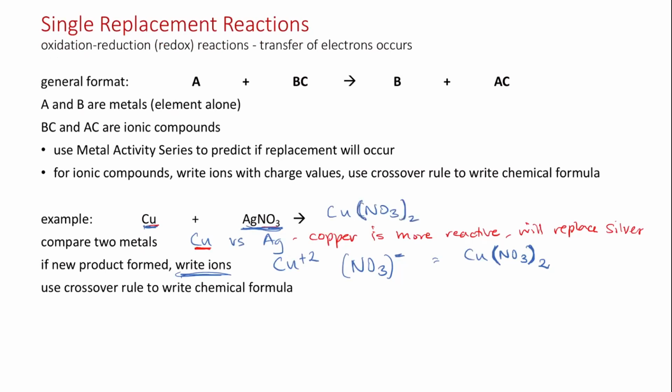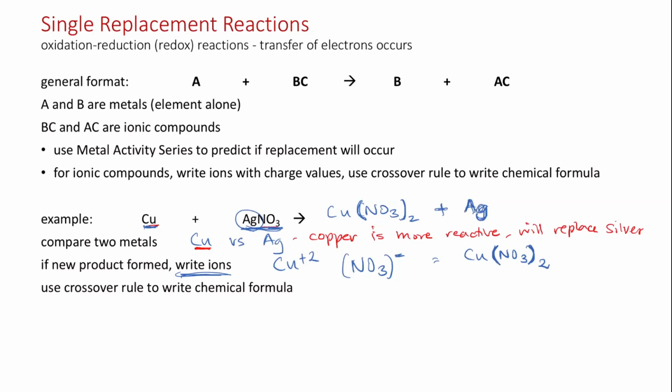And then the other product you have, don't ignore the part that the silver is left on its own. You did have silver, and that will be written as an element without a charge value. Even though silver started out as the +1 ion, it ends up not being an ion, just having no charge value, so no plus or minus sign.